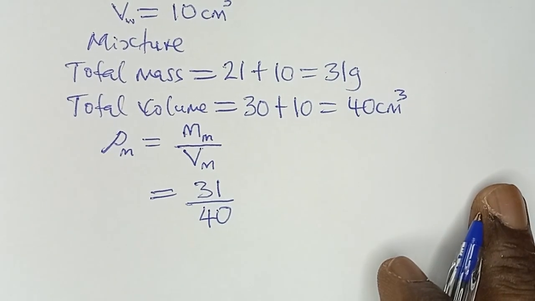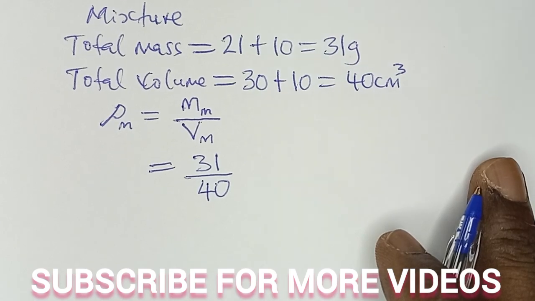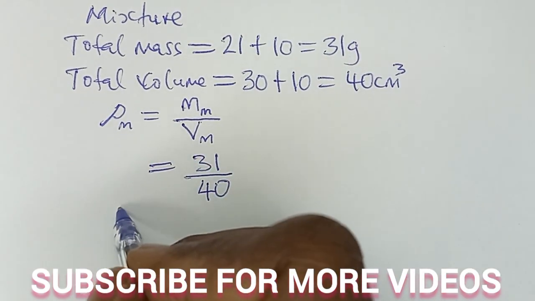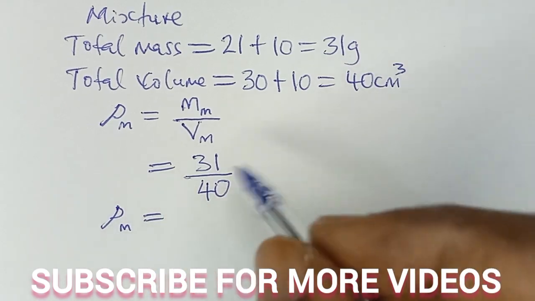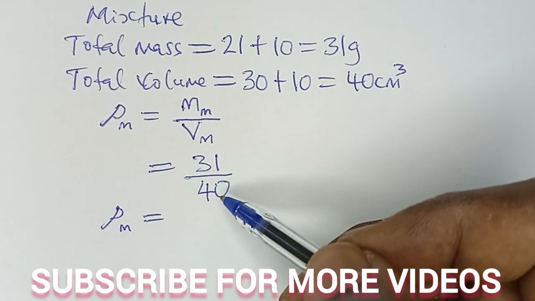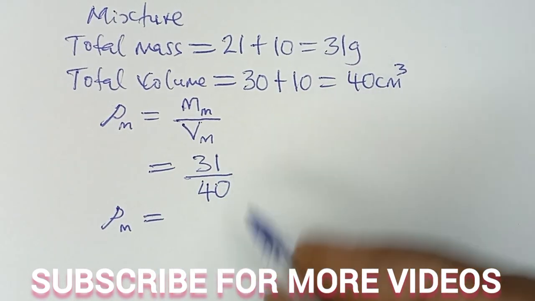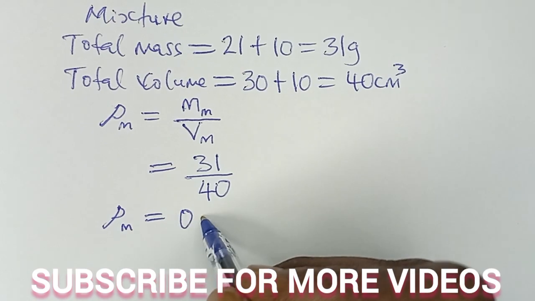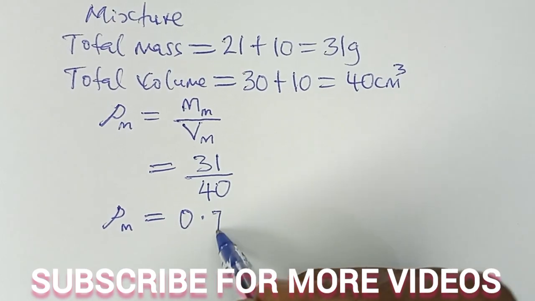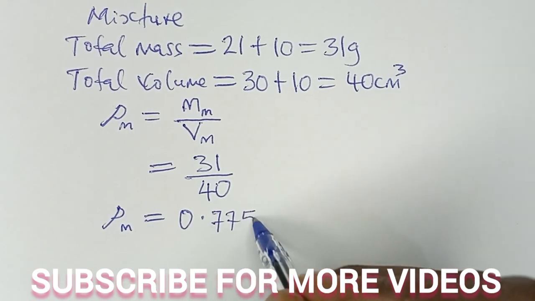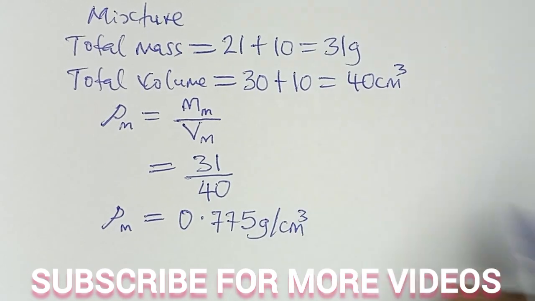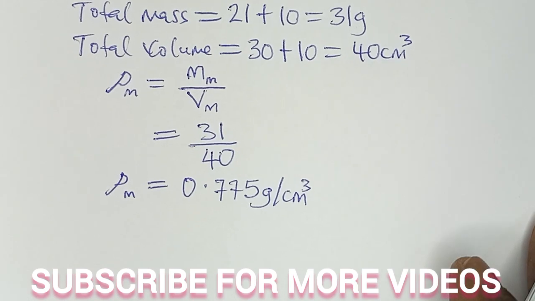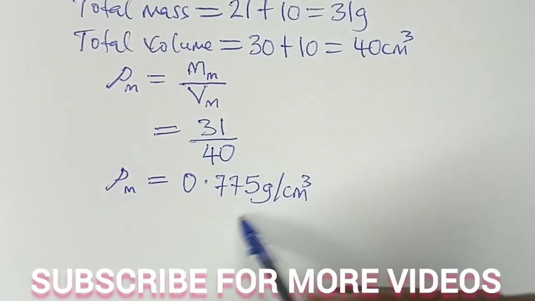So we can now obtain the density of the mixture: 31 divided by 40 will give us 0.775, and the unit of the density is gram per centimeter cube. So this is the density of the mixture.